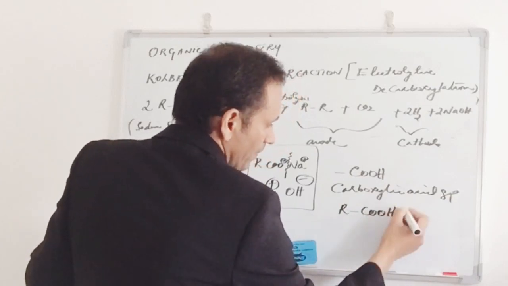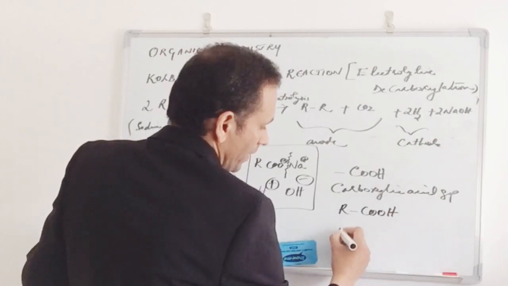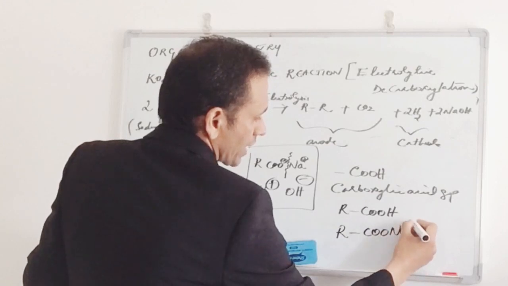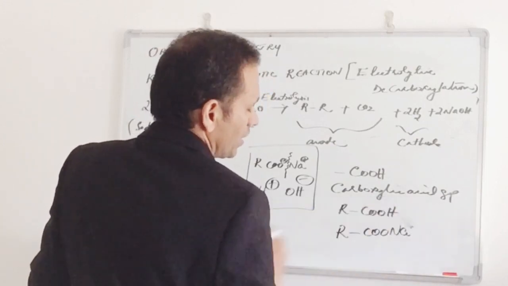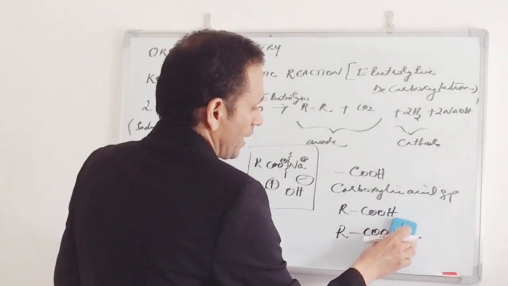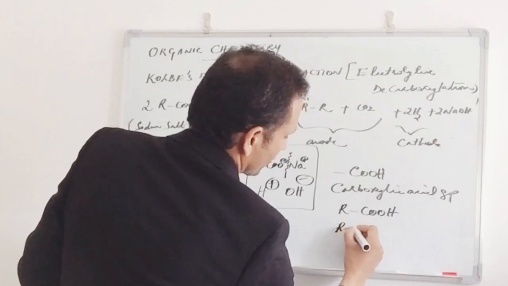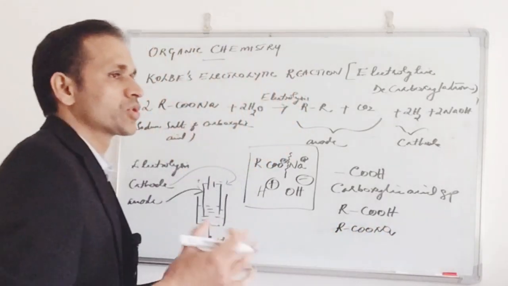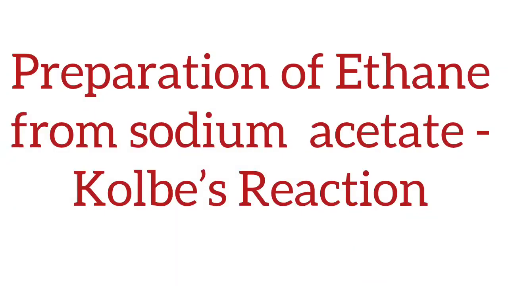The H is replaced with ions like sodium or potassium. So we will have the corresponding RCOONa if it reacts with sodium hydroxide, the sodium salt of a carboxylic acid.